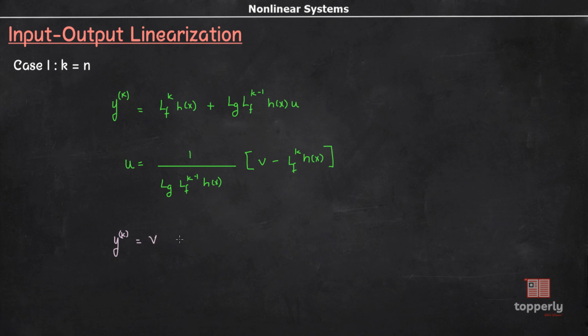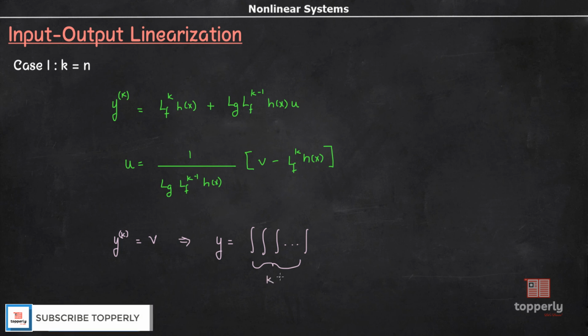Therefore, now we can obtain y by integrating v k times. That is, provide a chain of integrators before y.